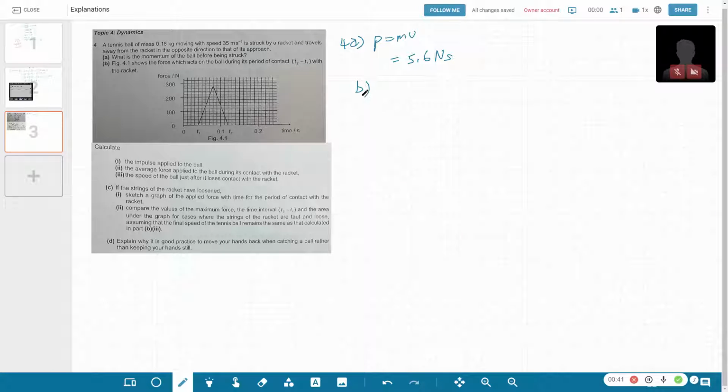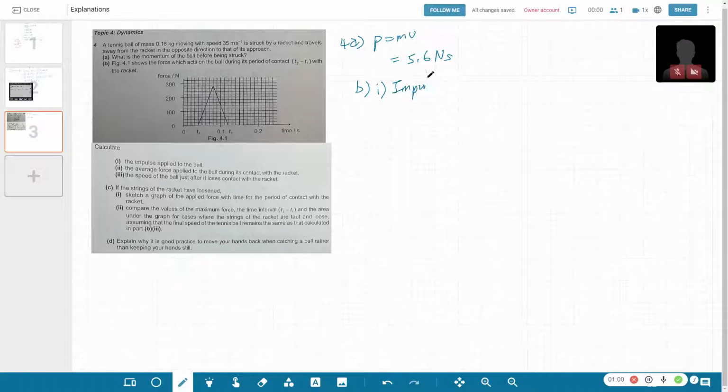Okay, part B. The figure below shows the force which acts on the ball during its period of contact. Calculate the impulse applied to the ball. Now, impulse is just the area under the force-time graph.